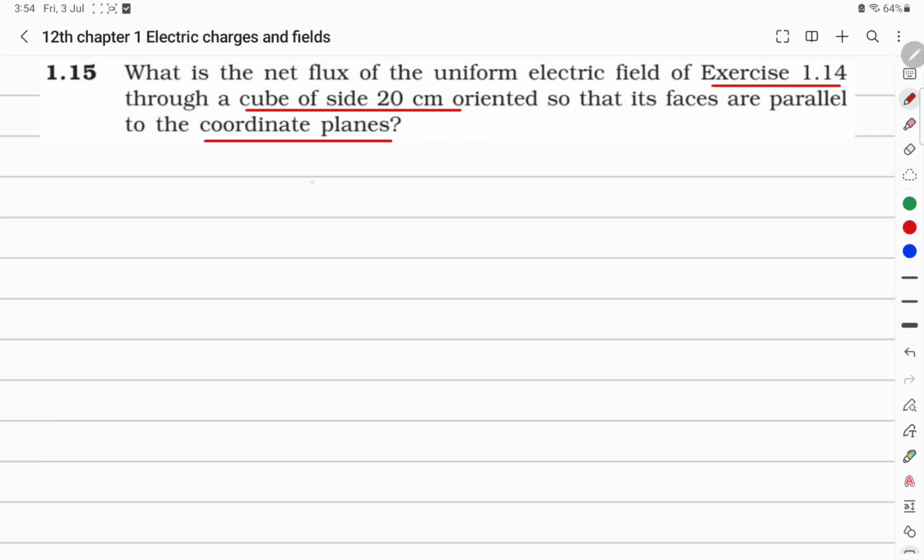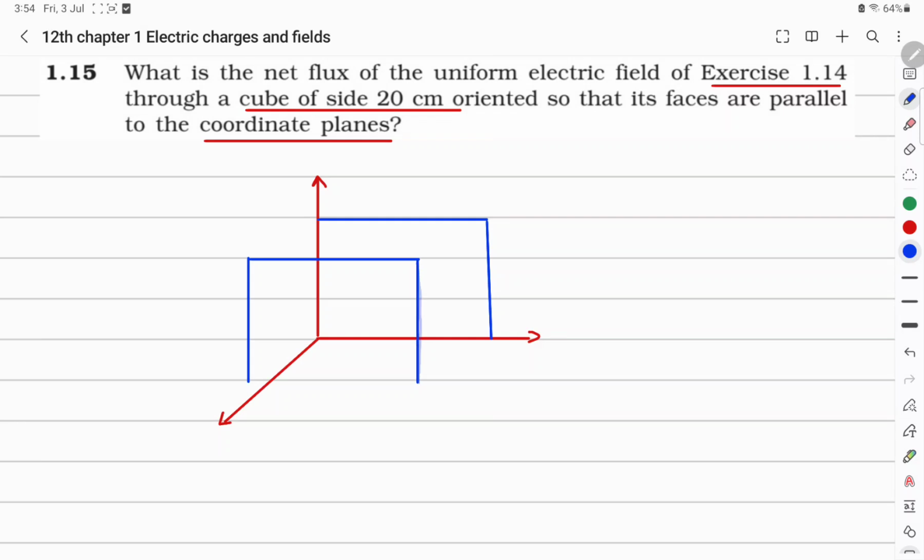So see, this is a cube. For this cube, the electric field is given in the direction from left to right, and the electric field is 3 into 10 to the power of 3.